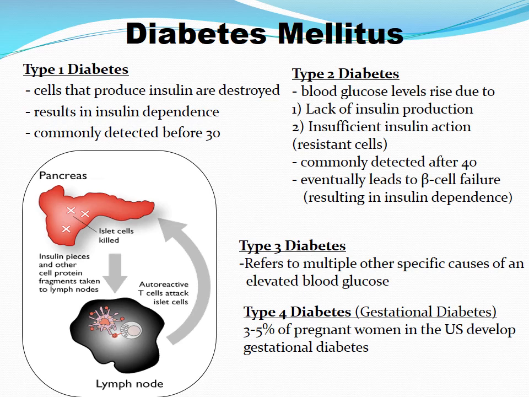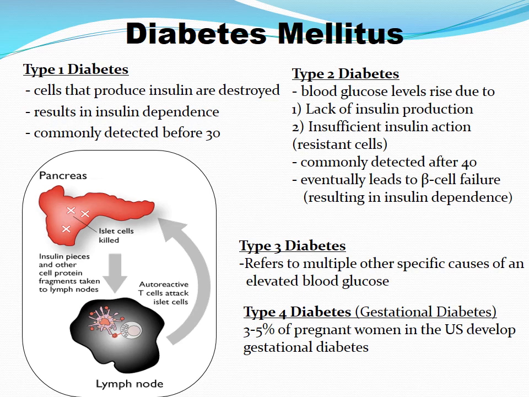In type 1 diabetes, there is destruction of the beta cells by autoreactive T cells, which attack islet cells and destroy them. So there is no insulin secreted in type 1 diabetes.